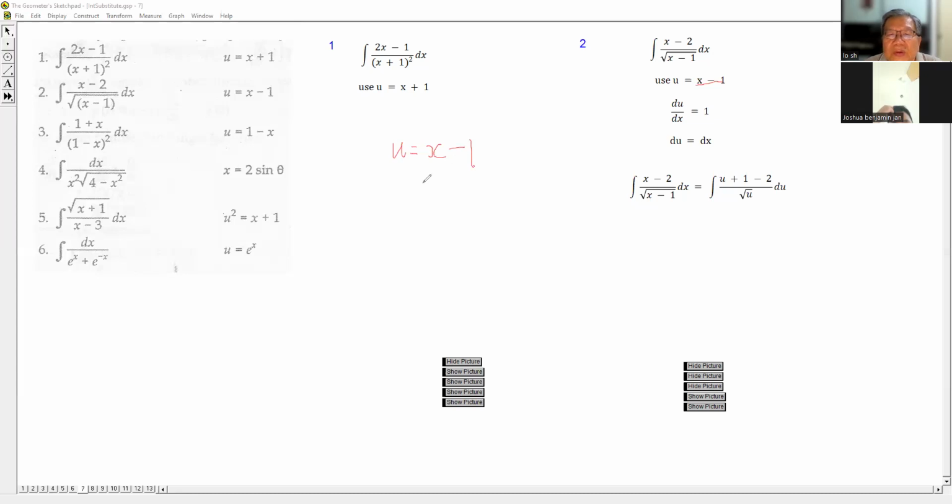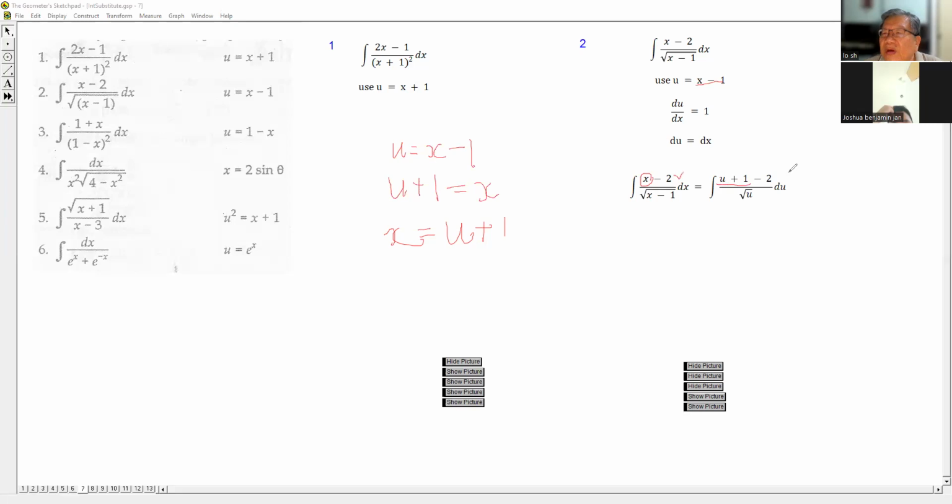This minus 1, bring over to the other side. U plus 1 equal to x. So x is actually u plus 1. So I try to change this question all into u. First of all, I start with x. X is what? U plus 1.